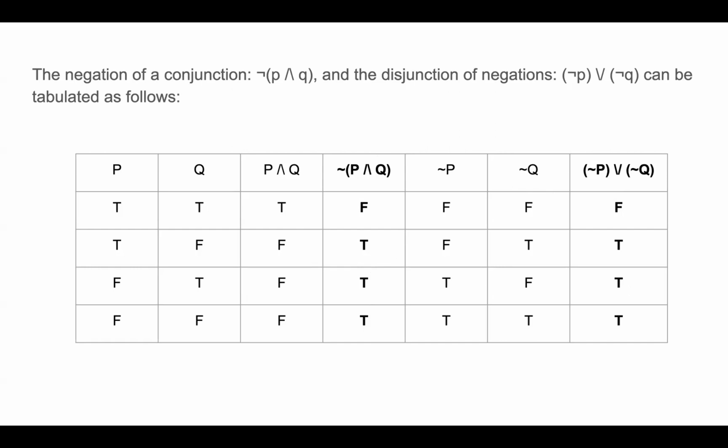So we can write it like negation of (P and Q) is equivalent to negation P or negation Q. We can prove it like this.